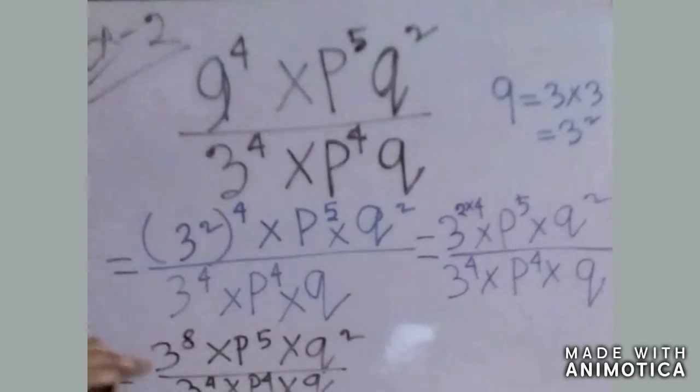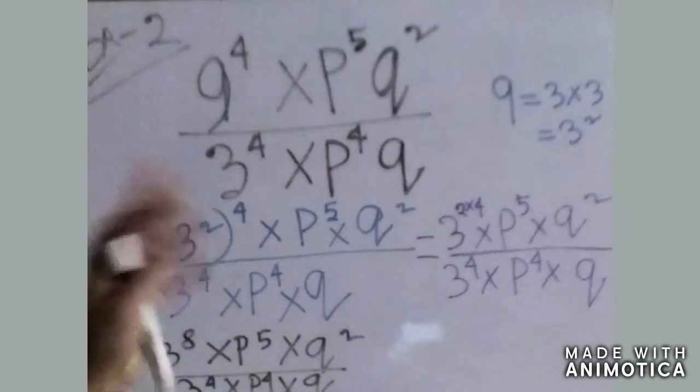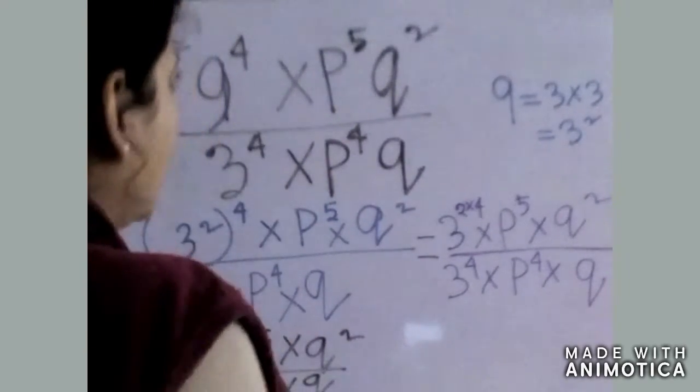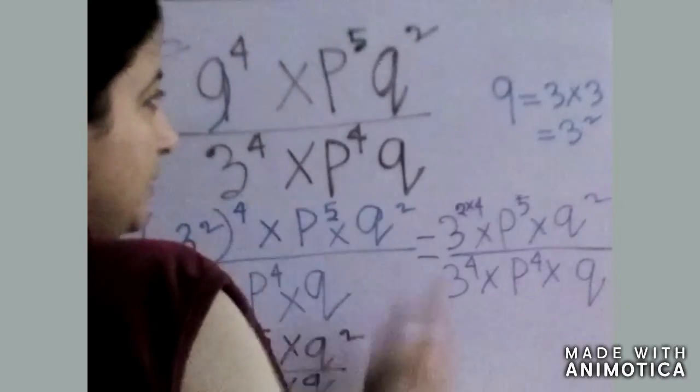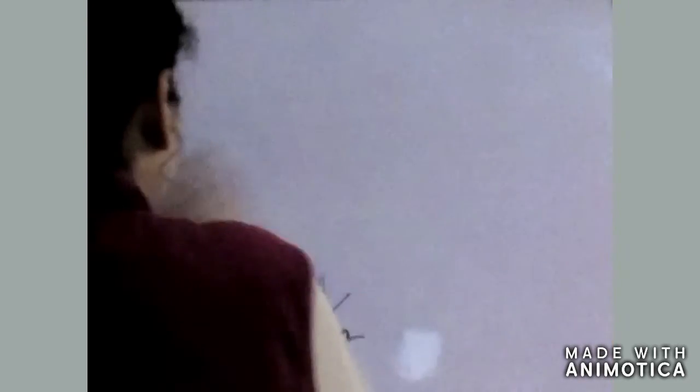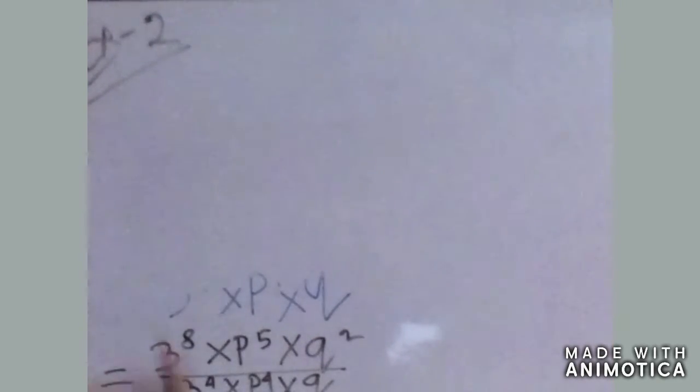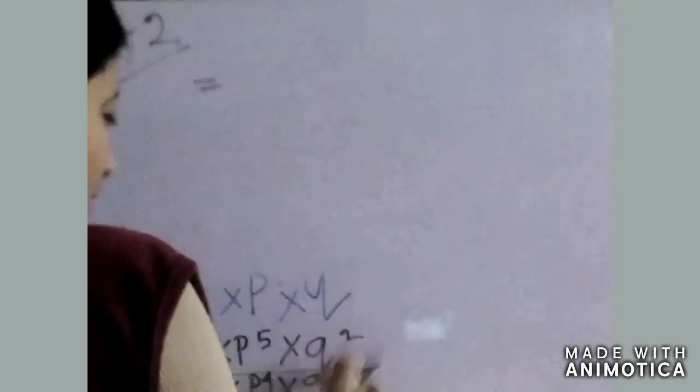So now our bases, this is a prime number, this is also a prime number, so the bases are now prime numbers. Now we will apply the other laws. I'm erasing this, and then I'm writing here after this one.